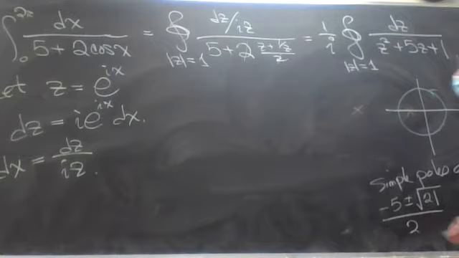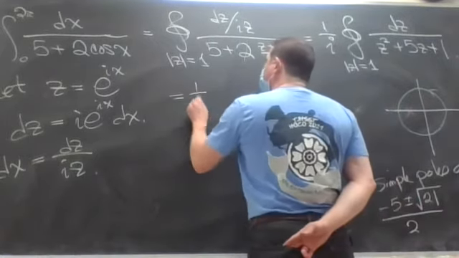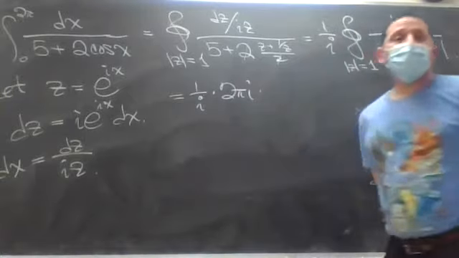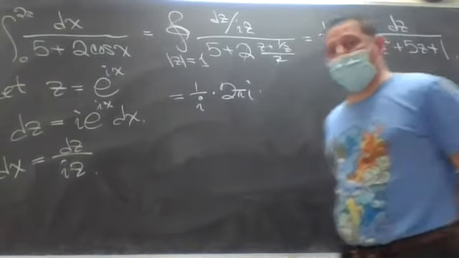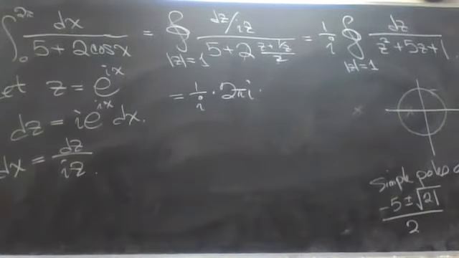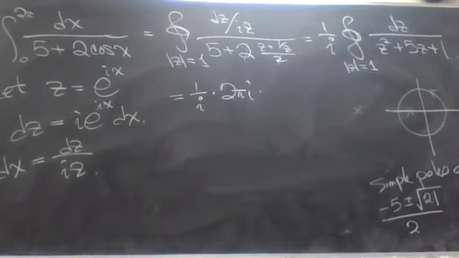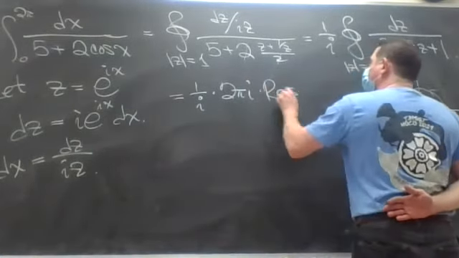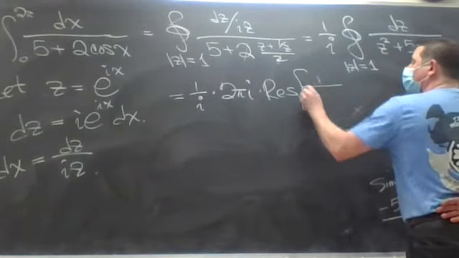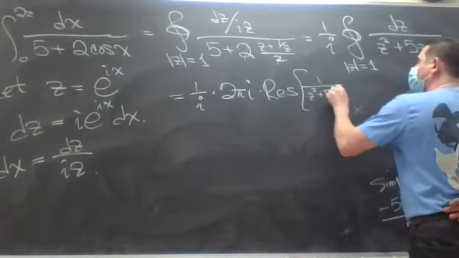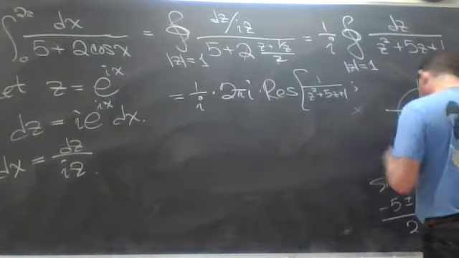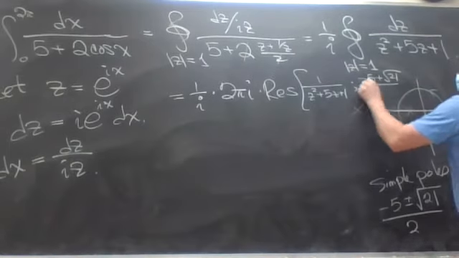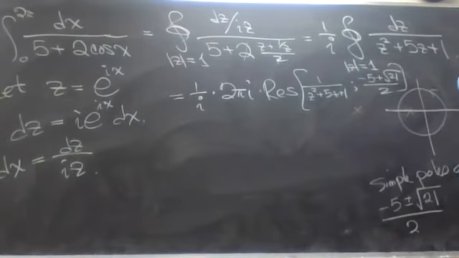So that means that this loop integral is equal to 1 over i times 2 pi i times the residue of the integrand at negative 5 plus the square root of 21, divided by 2.